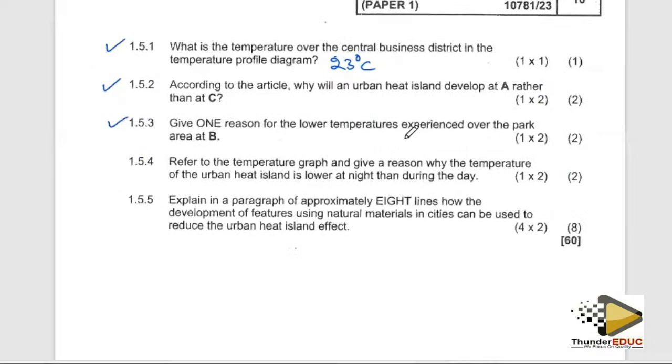1.5.4, it says, reflect the temperature graph and give the reason why the temperature of the urban heat island is lower at night than during day. Okay. Why temperature of the urban heat island is lower at night than during day. Okay.